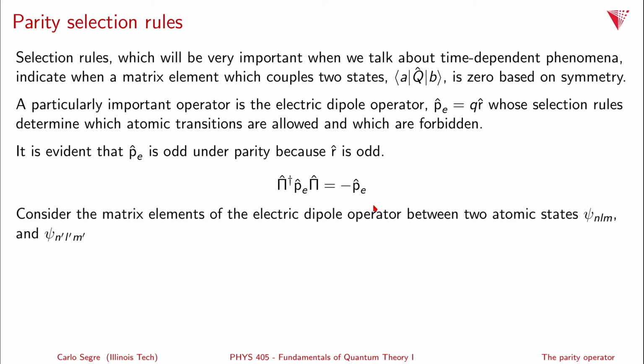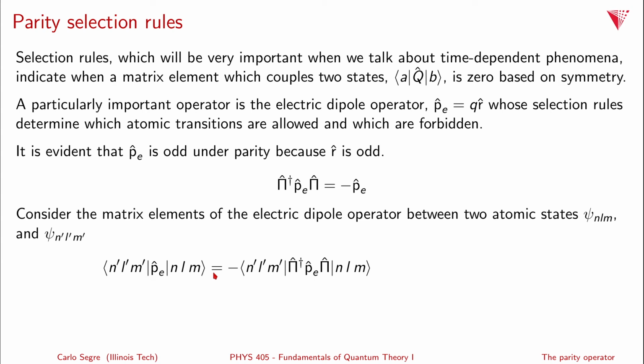Now let's consider the matrix elements for an electric dipole operator between two atomic states. One state has quantum numbers n, l, m. The other one has quantum numbers n prime, l prime, m prime. So what we're doing is taking the matrix element, which means we put n prime, l prime, m prime on one side, P sub E in the middle, and n, l, m on the other side.